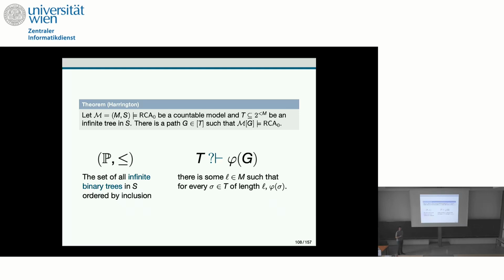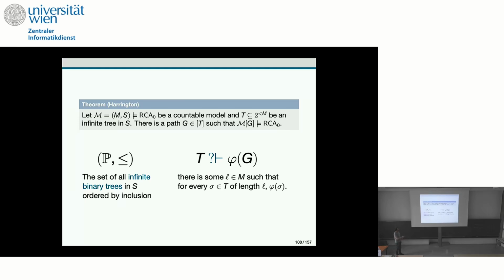So this is just a formalized version of the Jockusch-Soare notion of forcing. So we consider all the infinite binary trees which belong to the model, and we have this forcing question for Sigma 0 1 formulas phi, which is: is there some level in the tree so that everybody at this level already satisfies the formula? So here I'm being a bit clumsy.